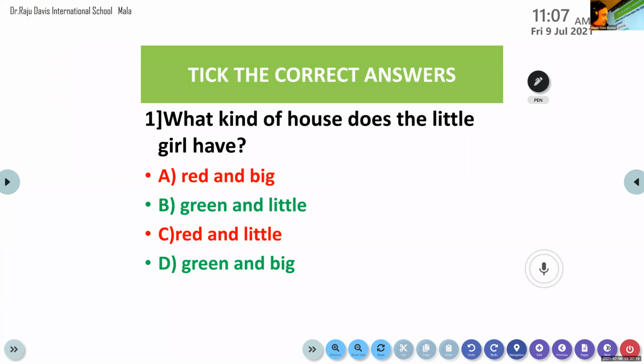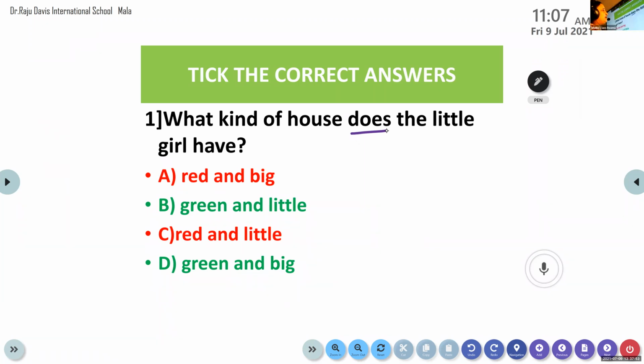Please read. What kind of house does the little girl.